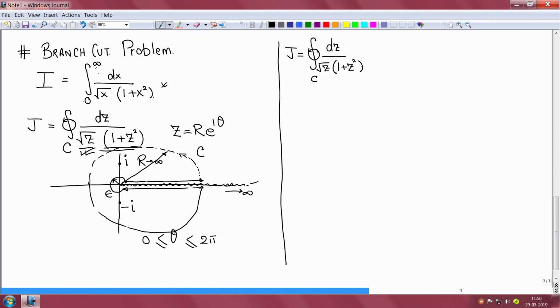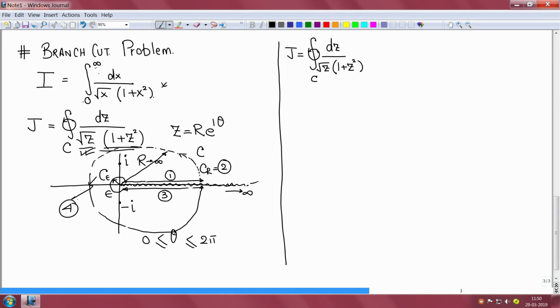Now I write down the individual portions. Let me call this 1, this circular arc C_R as 2, then the portion coming from infinity back I will call 3, then C epsilon I will call 4.